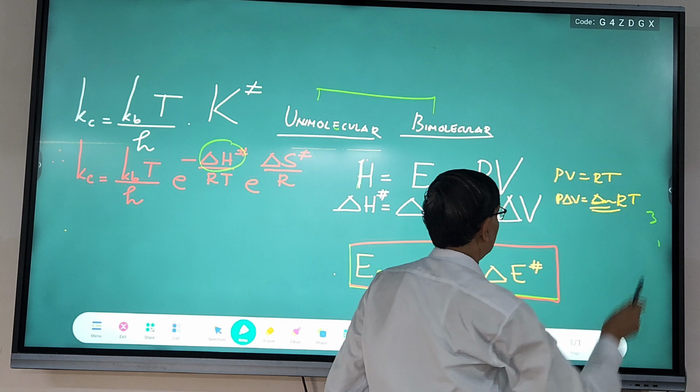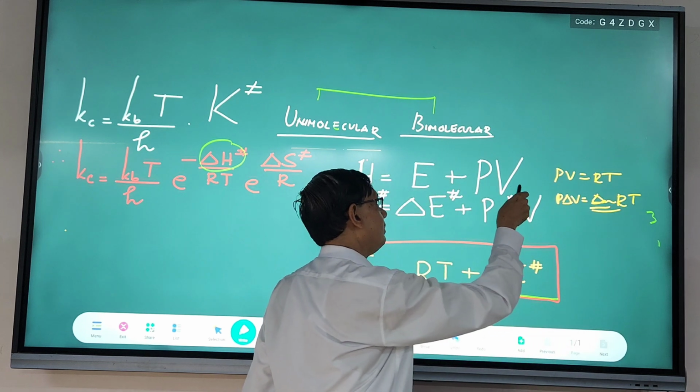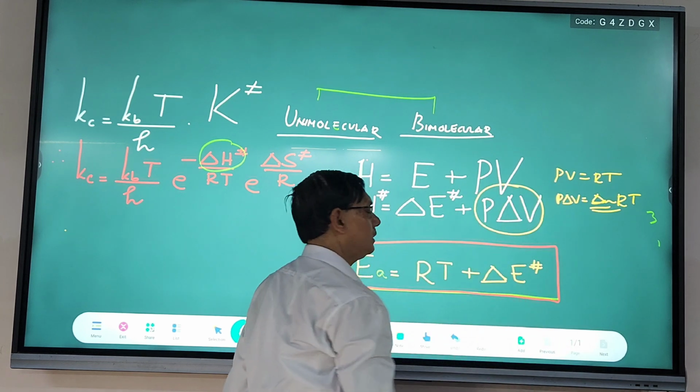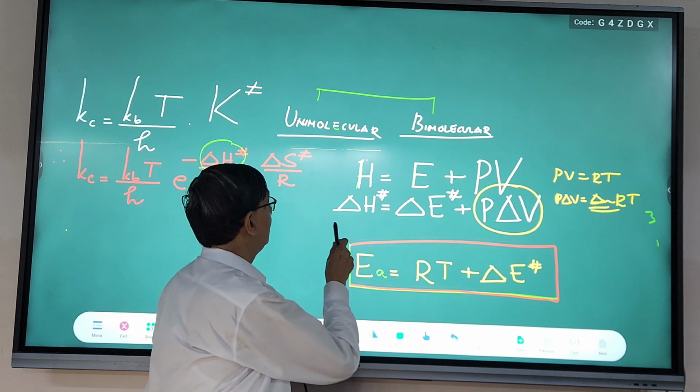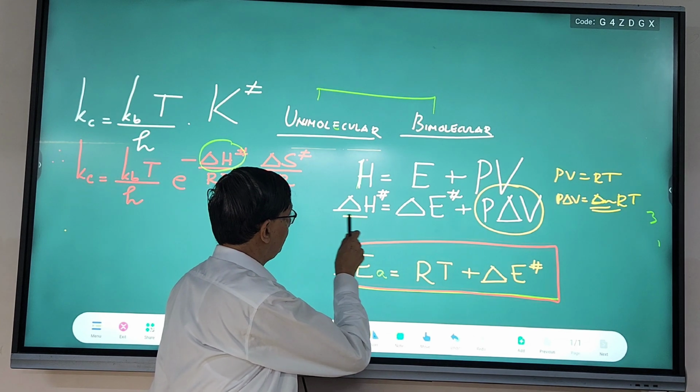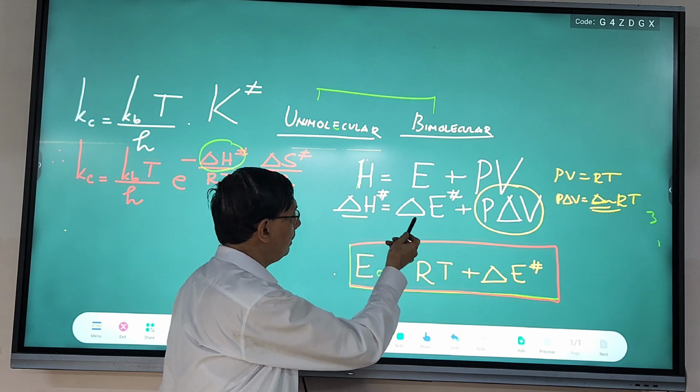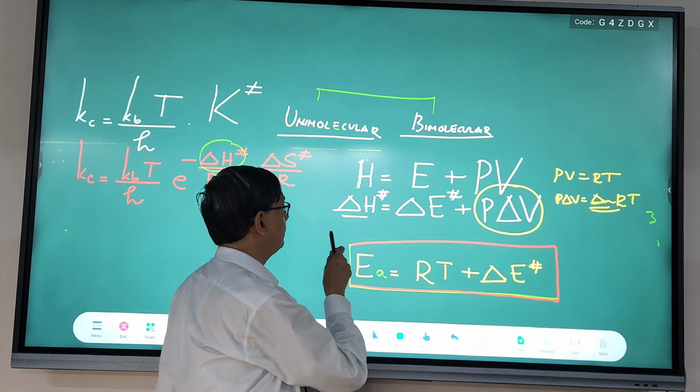For a unimolecular reaction, basically it is zero. There is no change in volume. So the enthalpy of activation and the internal energy are the same.